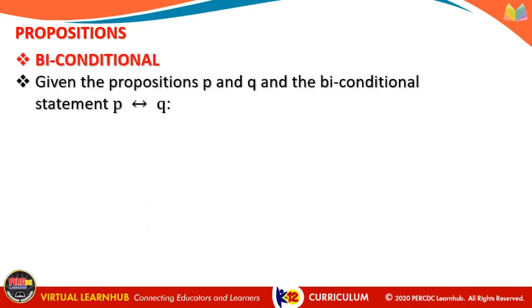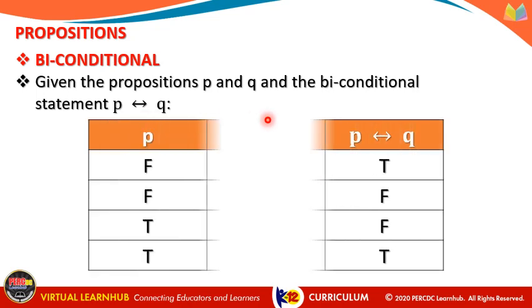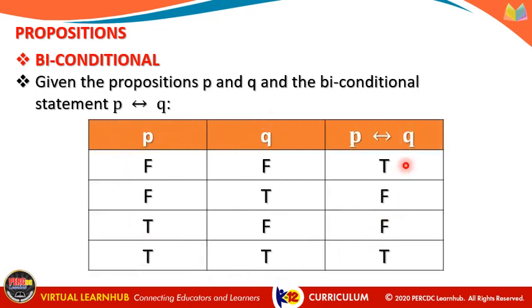Lastly, we have the biconditional propositions. For P, if and only if Q, we have our truth table. Now take note, the biconditional proposition for P and Q is true if both P and Q are false or if both P and Q are true.